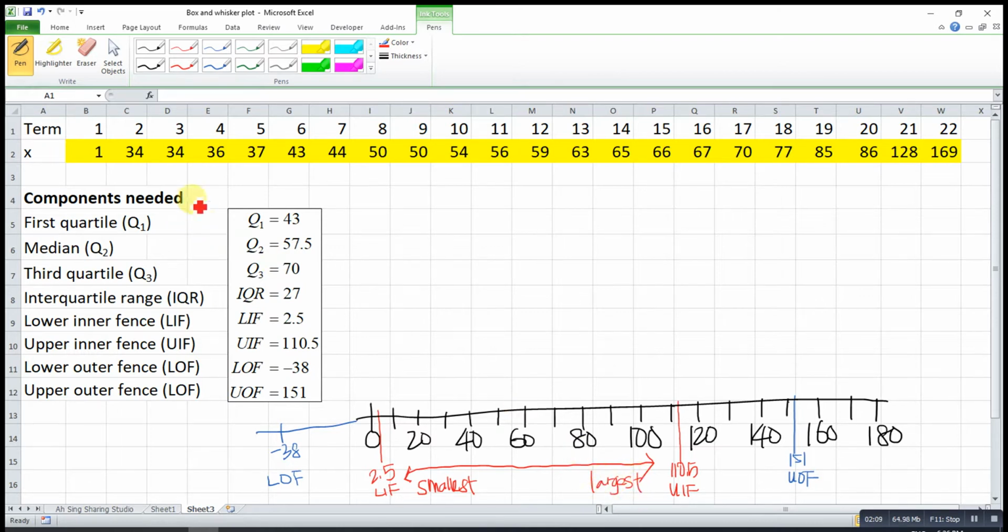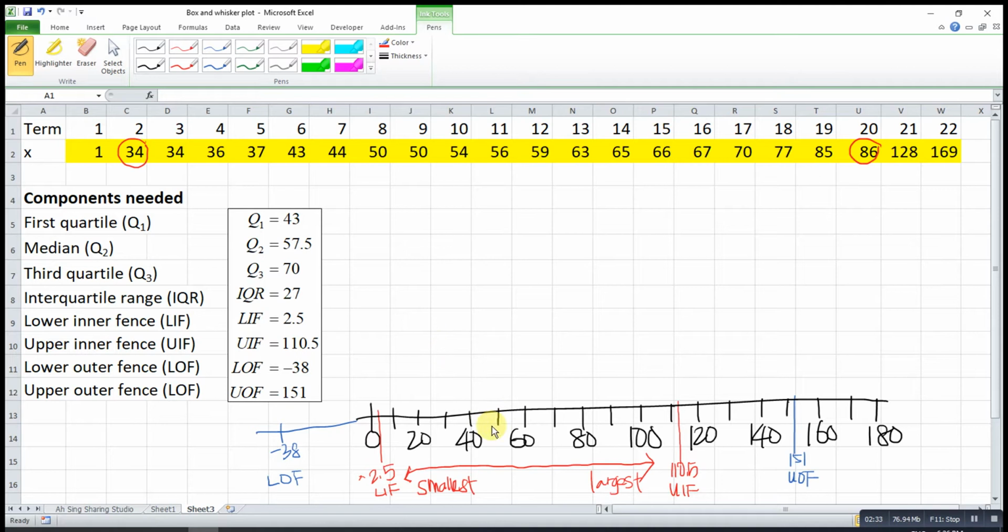Referring to our data set, the smallest value is 34. Why can't we take 1? Because 1 is already out of the range, outside here. So we cannot take 1. For the largest value, I will take 86 because 128 is already out of the range. So we already found our whisker.